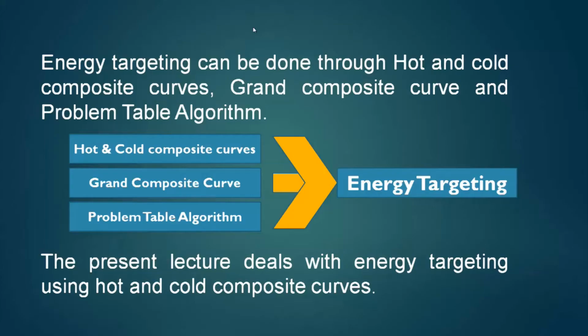But at this time you should know that energy targeting can be done either using hot and cold composite curves or grand composite curve or problem table algorithm. The present lecture deals with the energy targeting using hot and cold composite curves.